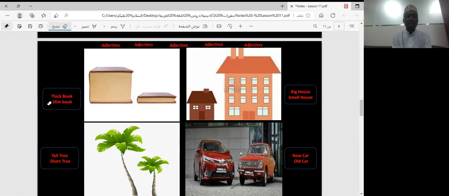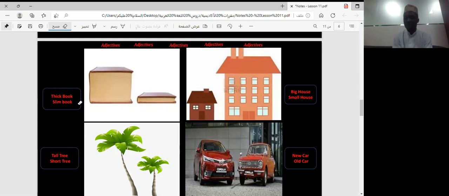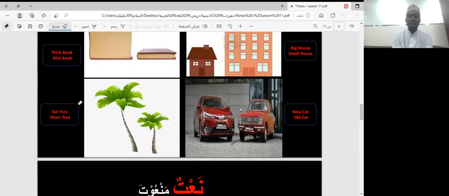So thick book. What is the meaning of thick? Thick means thaqil, and slim is what? Is nahif in Arabic. Kitabun thaqil, kitabun nahif. Or you say new car.